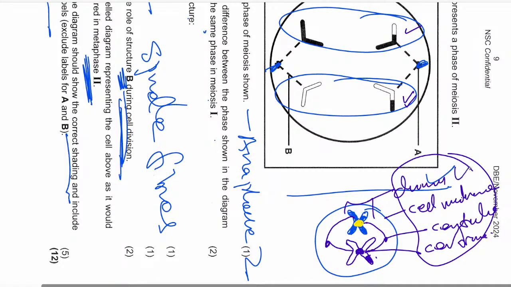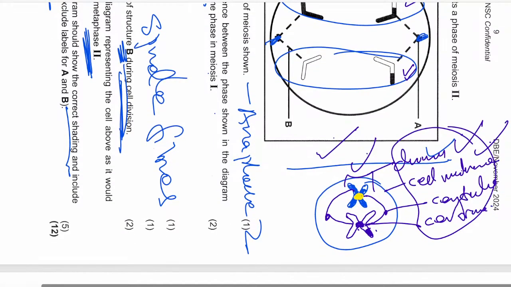Maybe they will give you 2 marks for any 2 correct labels, and then they give you a mark for the shading, then a mark for the caption, so 1, 2, 3, 4, and then a mark for the correct phase, meaning that it is under metaphase. So basically that is how it's supposed to be marked.